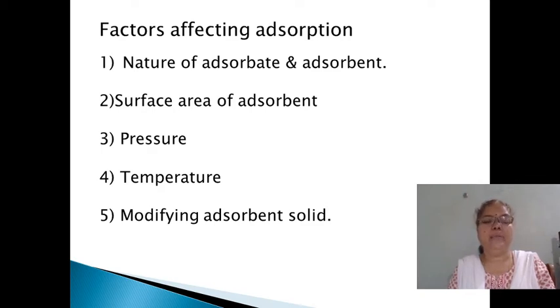And the last factor here is modifying the adsorbent surface. Here the surface of a solid can be modified in different ways to increase the adsorption. For example, a more finely divided and porous surface of adsorbents results in an increase of the adsorption rate.